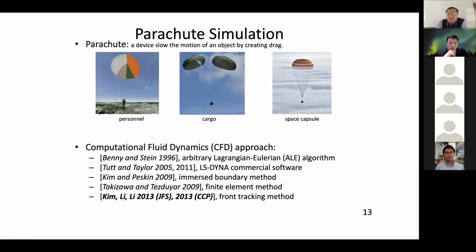The model we used to study the fabric parachute, we call it the interface, but it's actually an open surface, is by modeling or mimicking the parachute canopy using what we call the spring mass model.